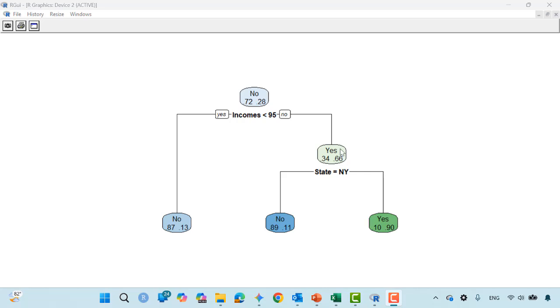And then he's from West Virginia. The answer to state equals NY is no. So he will be classified further down to the dark green leaf node. In this case, he is most likely to be a paying customer, and he's 90% likely to be a paying customer. This is how you interpret a decision tree.